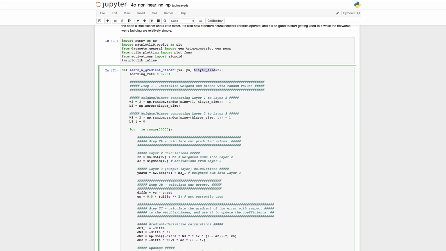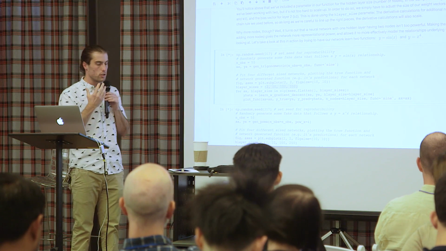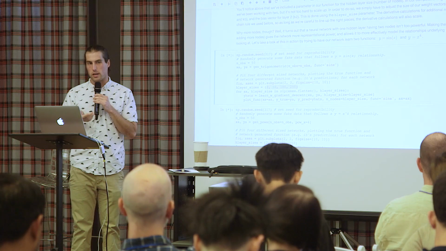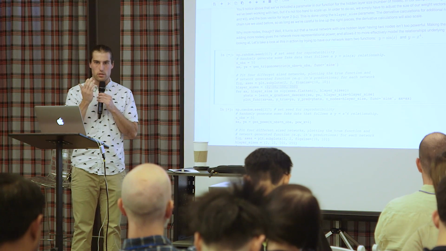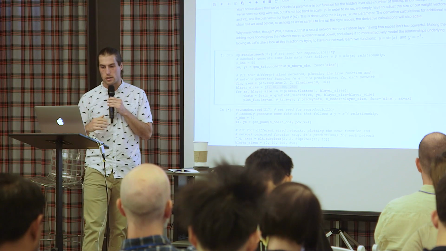Okay? And because of the way that we've built that function using matrices and using vectors, it is that easy to just pass in a different number as a parameter and have it scale up the size of our network. And in terms of some terminology, when we add more nodes to a hidden layer, that's often referred to as making a neural network wider. Deeper tends to refer to adding hidden layers to a neural network.